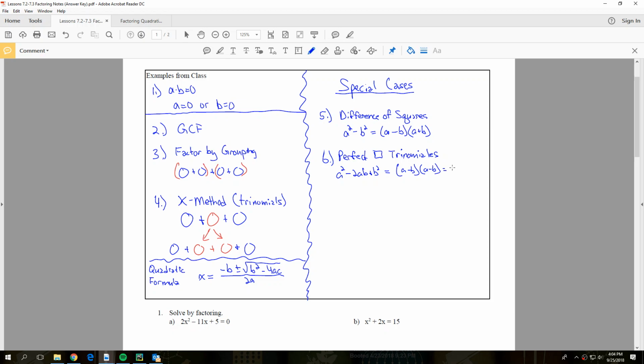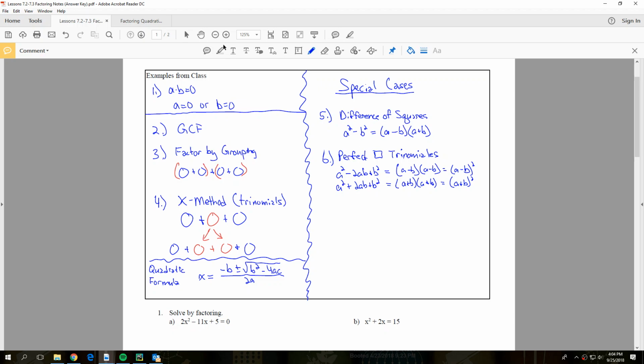Which is, by the way, the same thing as saying a minus b squared. If you have a squared, perfect square, plus 2 times a times b, plus your b squared, then that is equal to, you guessed it, a plus b times a plus b, which is equal to a plus b squared. Those are the factors.